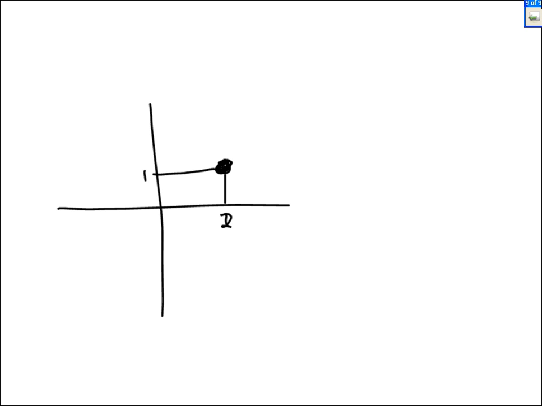Why? Because how do you know it's not at 2.1.98? How do you know it's not there? Because this point is actually many points. It's many points.